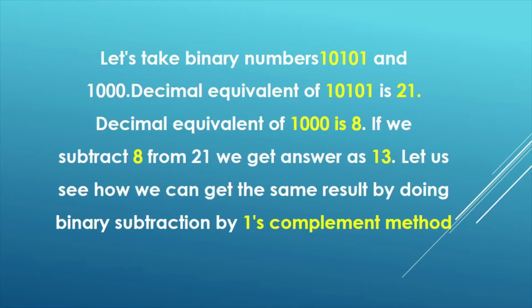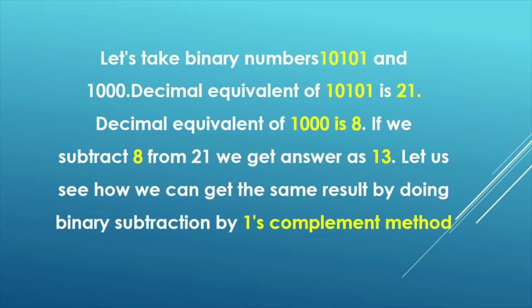Now we know that the binary number 10101 is equivalent to 21 in the decimal number system, and the number 1000 is equivalent to 8 in the decimal number system. When we subtract 8 from 21, the result obtained must be 13. Now let us see how we can get the same result by subtracting the two binary numbers.